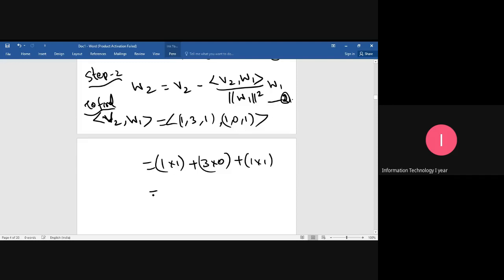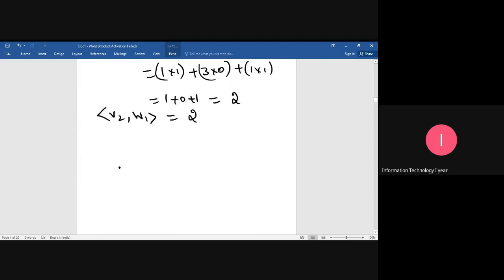We know how to find the inner product, right? So 1 plus 0 plus 1, what is the answer? It is 2. So inner product of V2 comma W1 is 2. Okay. Then we need norm W1 square.